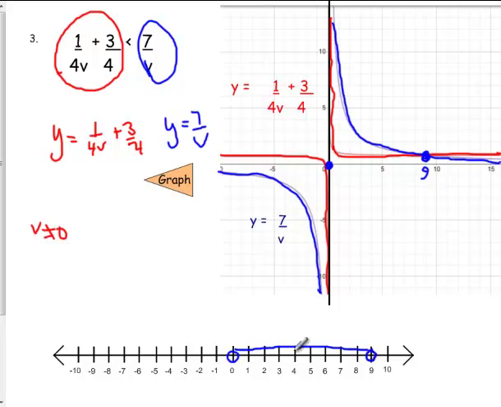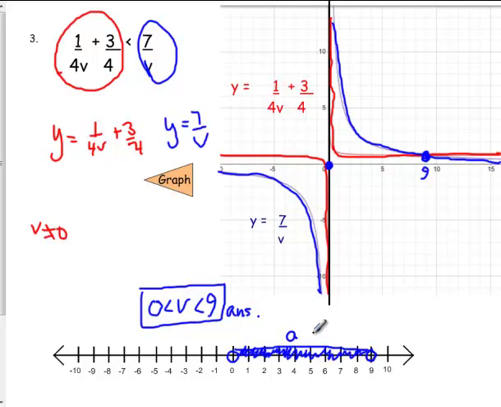So those are my answers. The numbers between 0 and 9 make the red graph go below the blue graph, and if you wanted to write that out, 0 less than v less than 9. So that's your answer. Or you could write this as your answer.